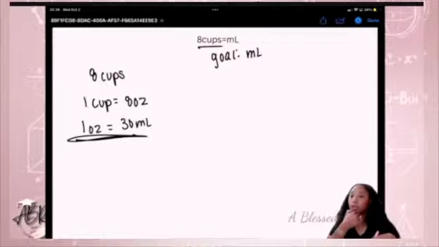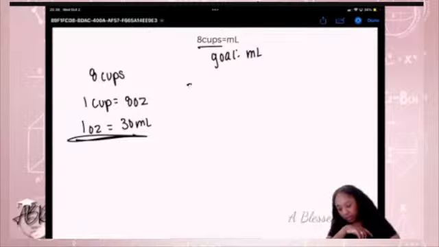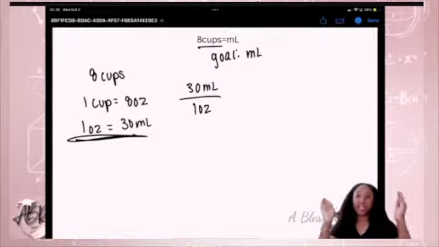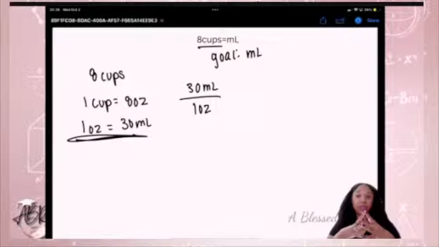That's the first step. If you're lost on how to set up these problems, don't know what goes on top or what goes on the bottom, this part is for you. So I'll put 30 mL over 1 ounce. What equals each other stays together.